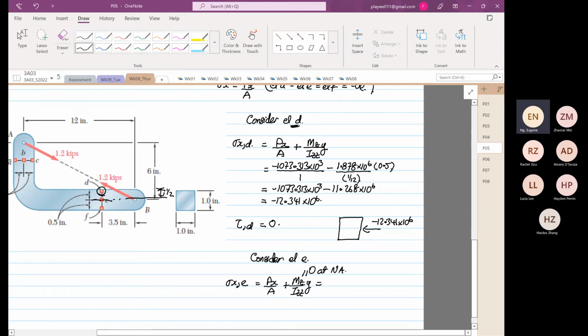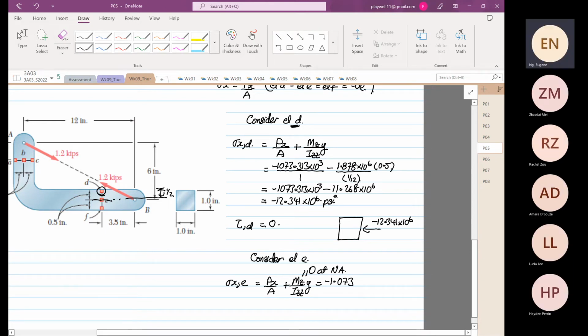So Px over A is equal to minus 1.073 times 10 to the power 6 psi, because there is no stress induced by the bending moment.